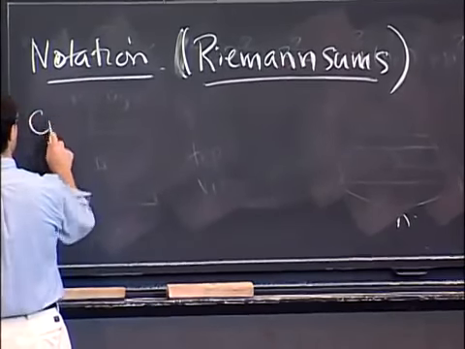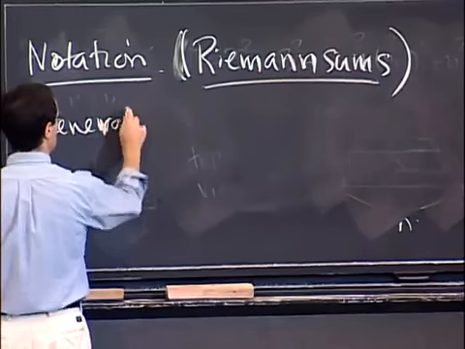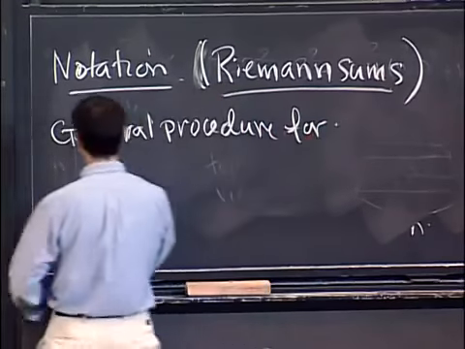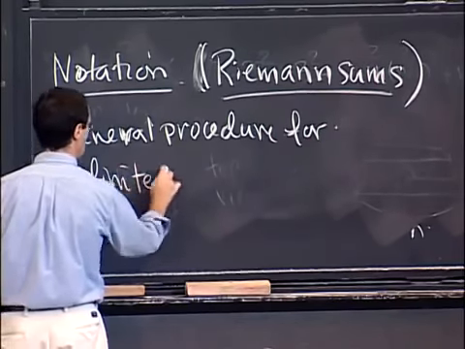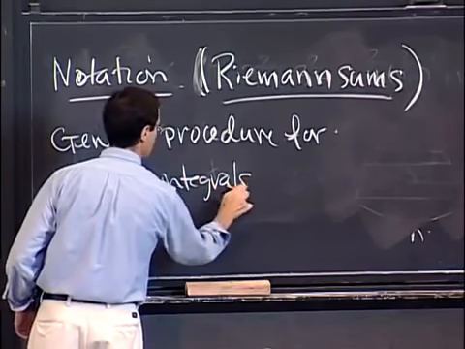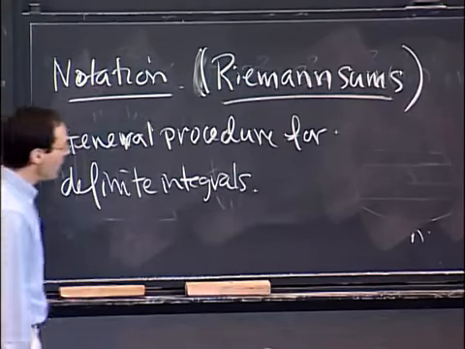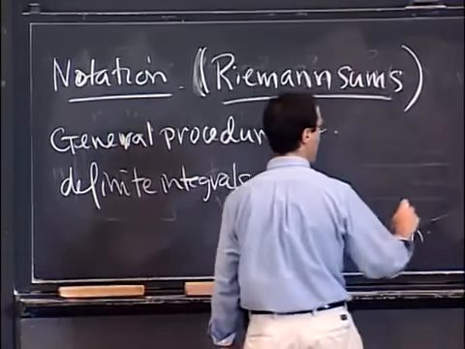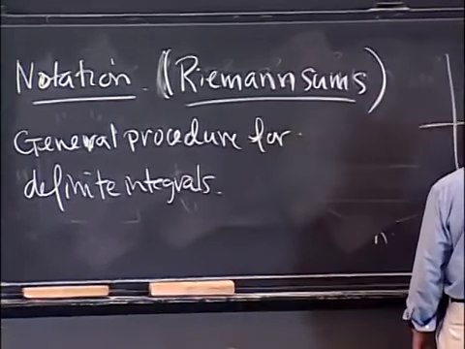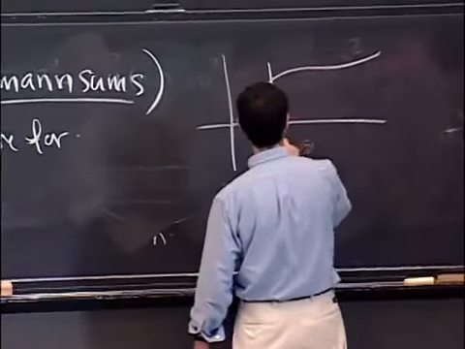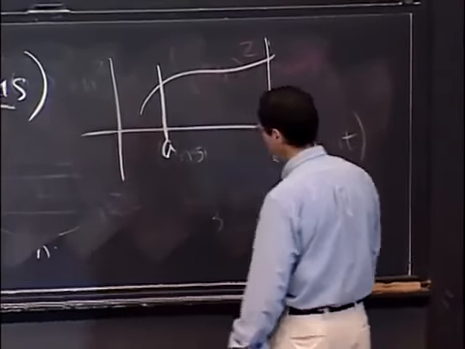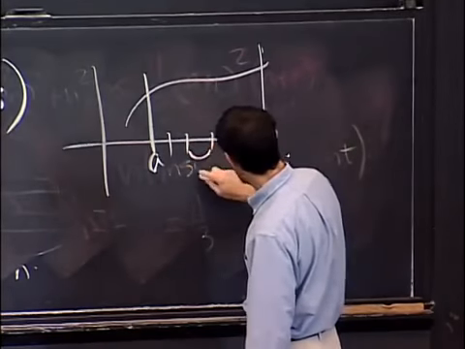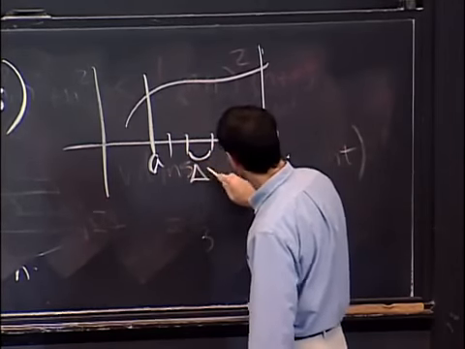So this is the general procedure for definite integrals. We divide it up into pieces. And how do we do that? Well, here's our A and here's our B. And what we're going to do is break it up into little pieces, and we're going to give a name to the increment, and we're going to call that delta x.